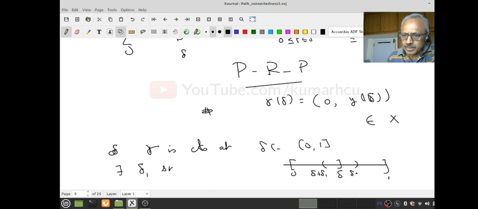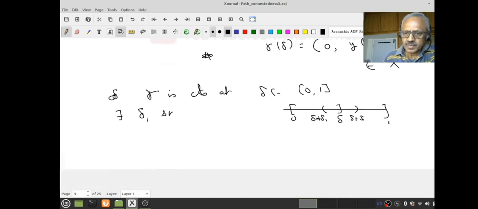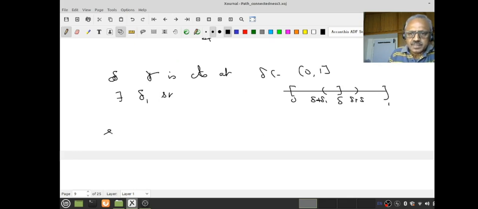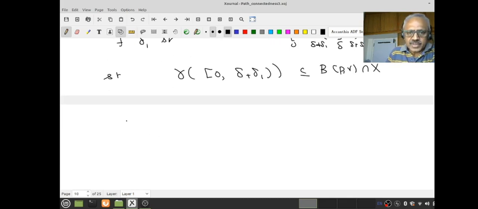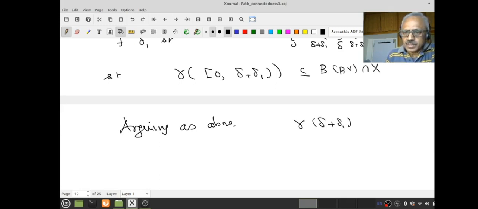Such that γ maps [0, δ + δ₁) into an open set inside B_P(R) intersection X. Now therefore, arguing as above, we see that γ of δ + δ₁ must be 0.